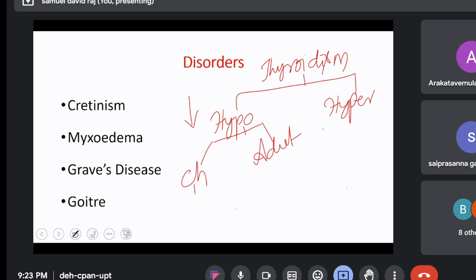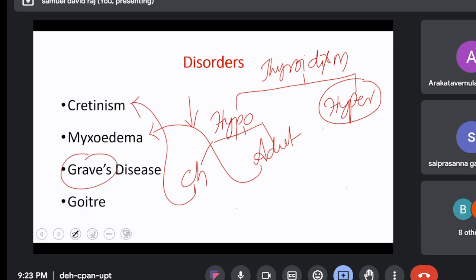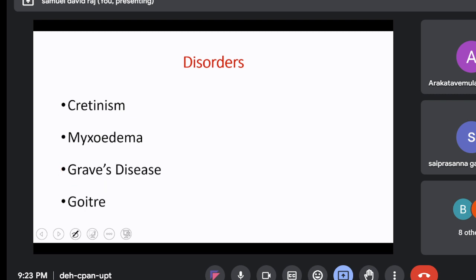In children, it results in cretinism, and in adults, it results in myxoedema. These are the two basic disorders associated with this. Whereas hyperthyroidism results in a disease called Graves' disease. So let me explain these things one by one. Let me start with cretinism.